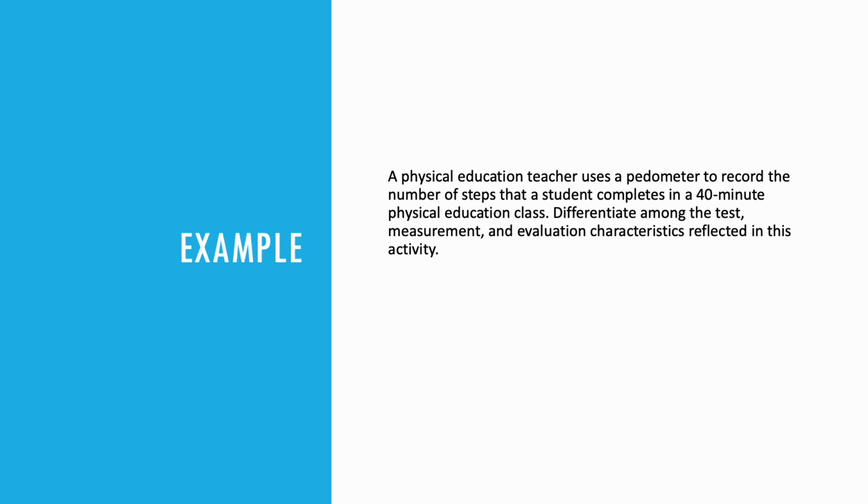If a physical education teacher wanted to use a pedometer to record the number of steps that a student completed in a 40-minute physical education class, how would you differentiate among the test, measurement, and evaluation characteristics reflected in this? So the measurement would be the number of steps, the test would be the pedometer, and the evaluation would be comparing the number of steps to the class average.